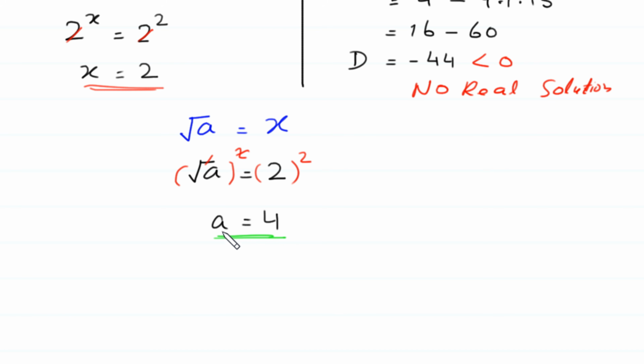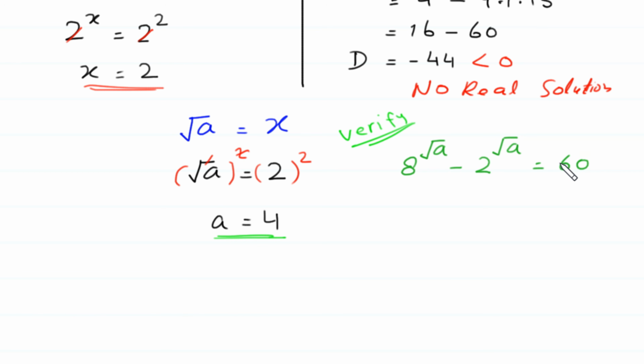Now to verify this value of a 4, we put this value in the original equation. The original equation is a to the power square root of a minus 2 to the power square root of a is equal to 60.